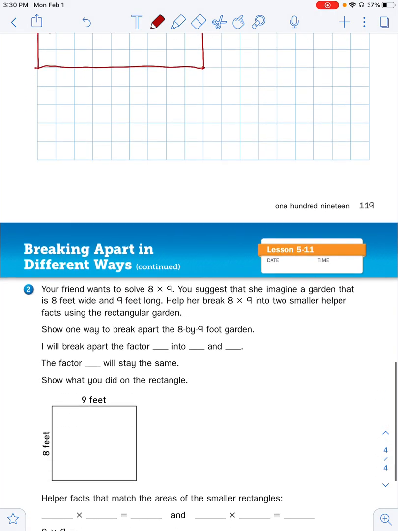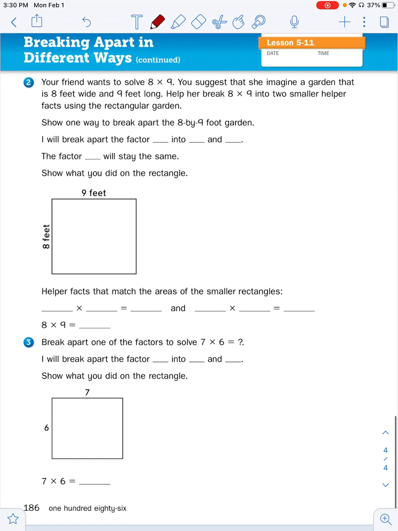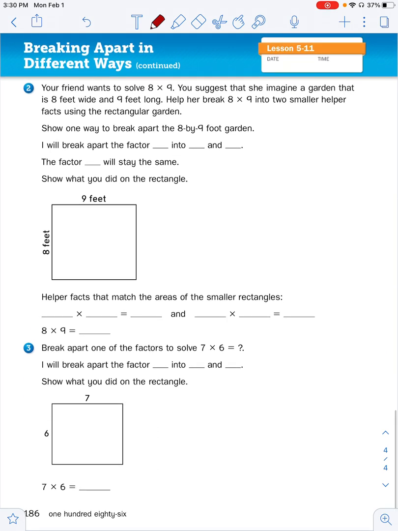Okay, so you guys are doing this right here. So it looks very similar to mine. The only thing that's different is they added right here, it says the factor that will stay the same. So whichever one you did not break apart, that's what you put right here on this line. Okay, so if you decided to break apart the 8 into whatever you wanted to, you would put 9 in this box.